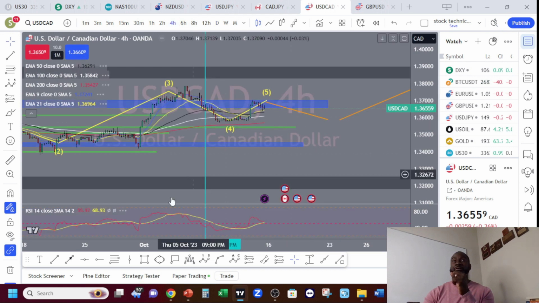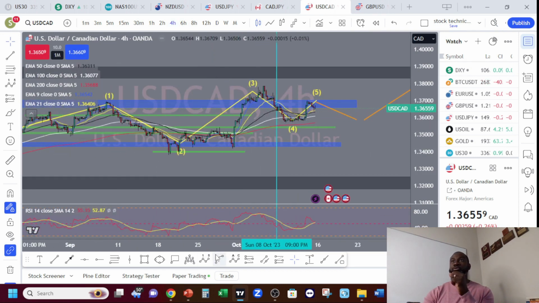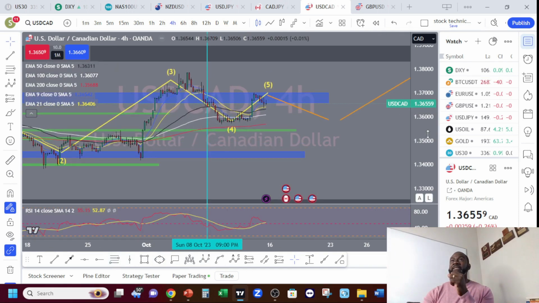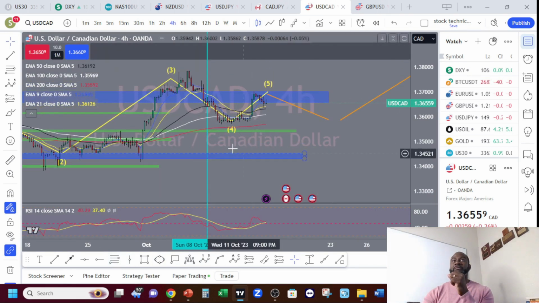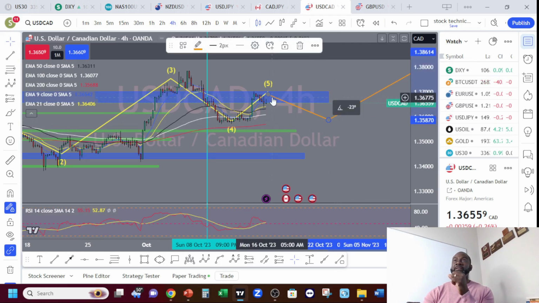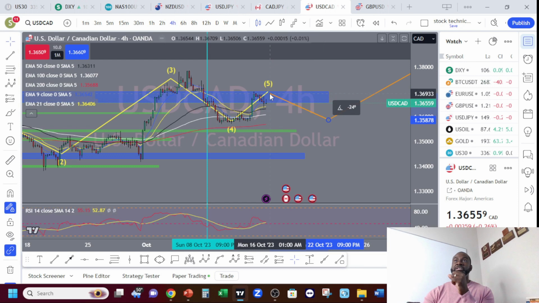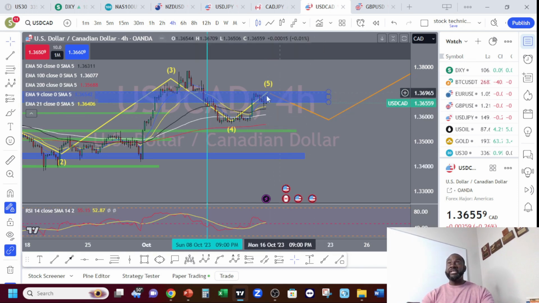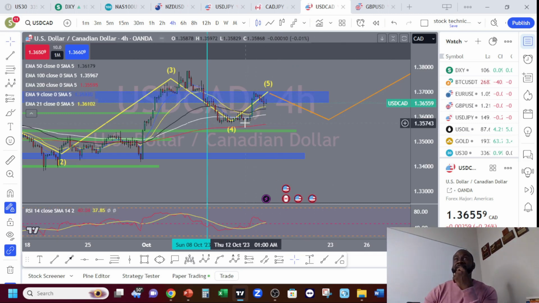Okay, so let's go to the 4 hour time frame so we can take a look at what happened last week. As you can see, this is what price is doing, and we were expecting price to get to that daily before it gets to that weekly support resistance. Now we can see price this week opened here.